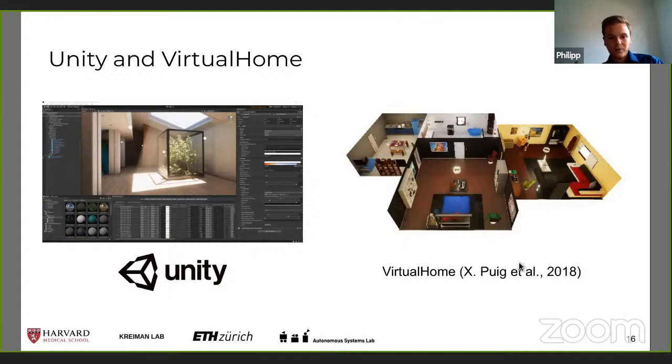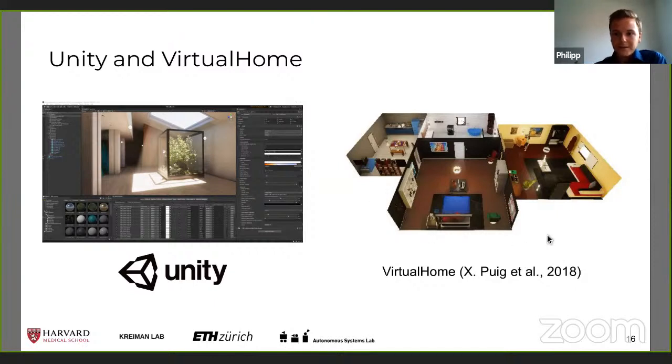On the left-hand side here, we have Unity, which is a graphics engine, which you're probably familiar with, especially if you play video games every now and then. And on the right-hand side, we have Virtual Home. Virtual Home is a framework that is based on Unity, and it comes with 7 fully furnished apartments, like the one that you can see here.